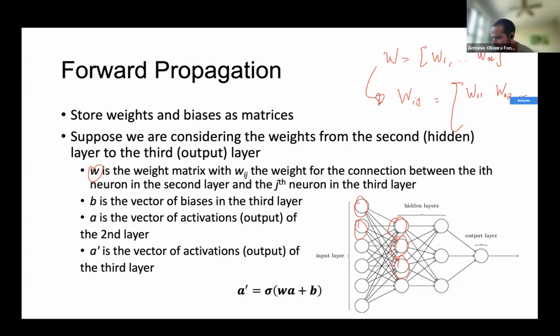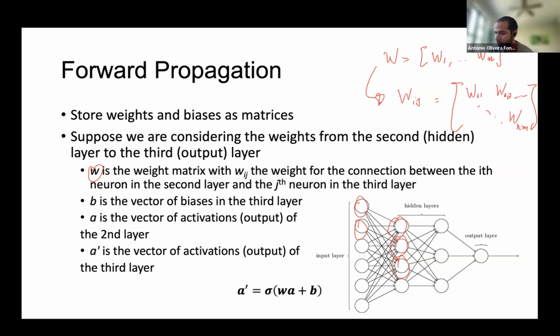Two all the way there, and here it's going to be n by m, where n is the number of neurons that you have in the input layer, and m is the number of neurons that you have in your second layer. Although I'm talking about the input layer and second layer, this can be very easily extrapolated to any intermediary layer.